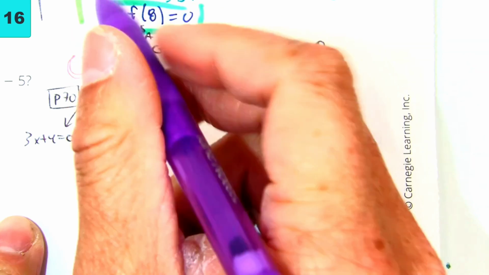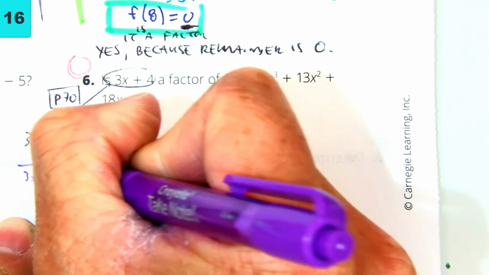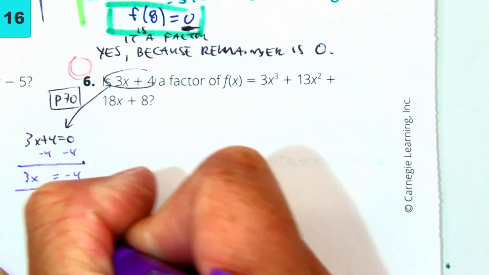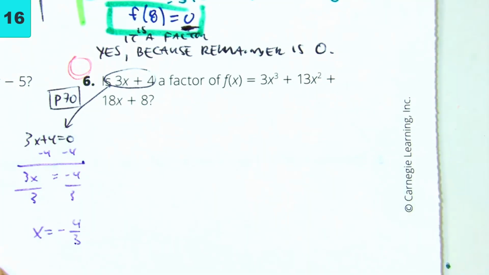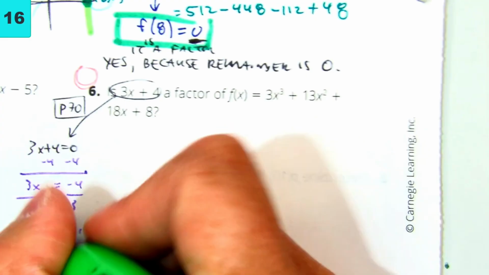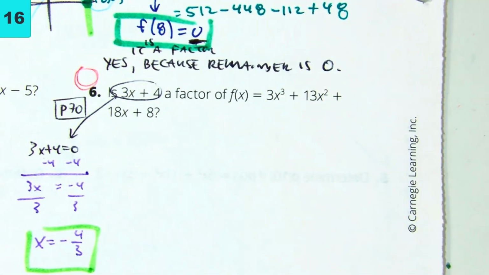Remember, you're using PEMDAS backwards to solve. So I would not divide by 3. You get x equals negative 4/3. Raise your hand if you got that. Okay, so now I'm going to take that number and I'm going to substitute it in for every x value.